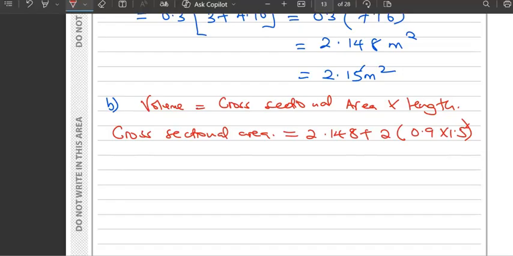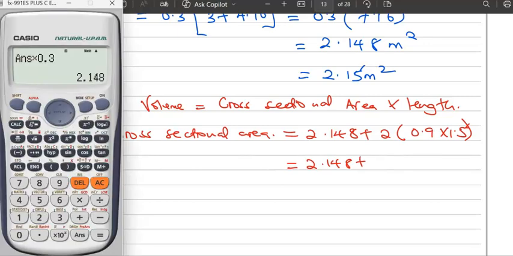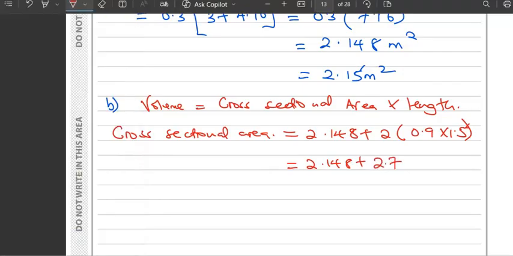Now simplifying this further, this one will be just the same as 2.148 plus, let's have our calculator, 2 into bracket 0.9 multiplied by 1.5. So this gives you 2.7. So we'll add this one to 2.7.